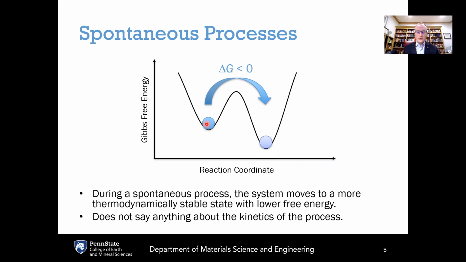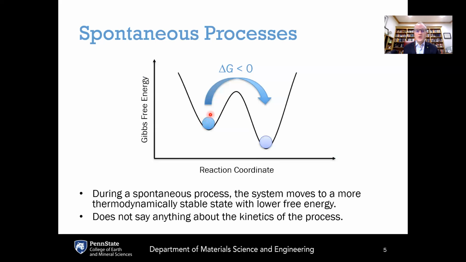So if we are under normal conditions for material scientists, meaning a constant pressure or isobaric system and a constant temperature or isothermal system, then the relevant quantity here to determine the stability of states is the Gibbs free energy. If it were constant volume instead of constant pressure, then we would be dealing with the Helmholtz free energy. But staying in this domain here of Gibbs free energy, the lower that we go in Gibbs free energy, the more thermodynamically stable the state is.